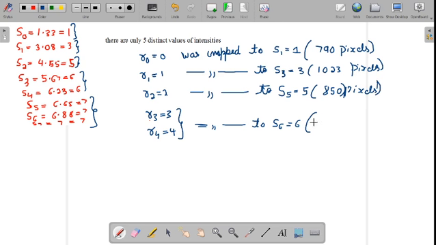How many pixels would be there? 985. It is the combination of R3 plus R4. R3 is containing 656 pixels, R4 containing 329. So both of them are mapped to 6, which is equal to 985 pixels.